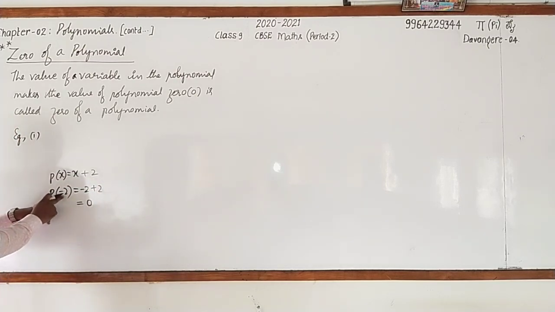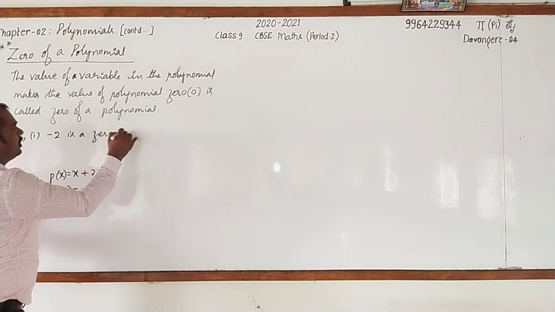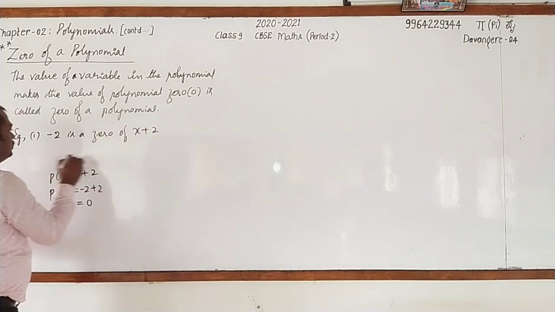Look here. Here minus 2 is called the 0 of this polynomial because when you substitute minus 2 in place of x, the value of the polynomial becomes 0. Clear? So this is one example. Here I'll write, example 1: minus 2 is a 0 of x plus 2.